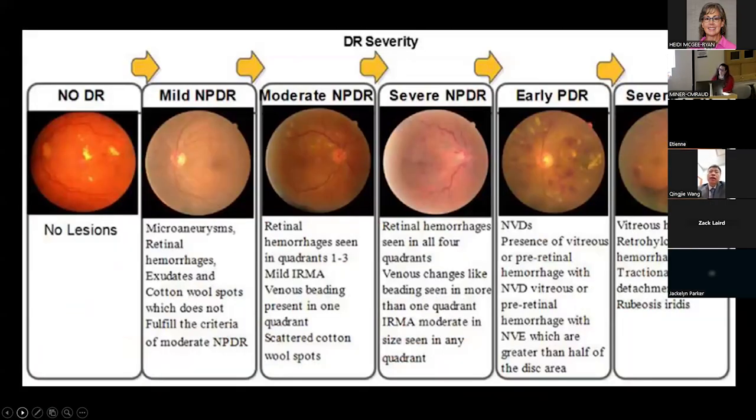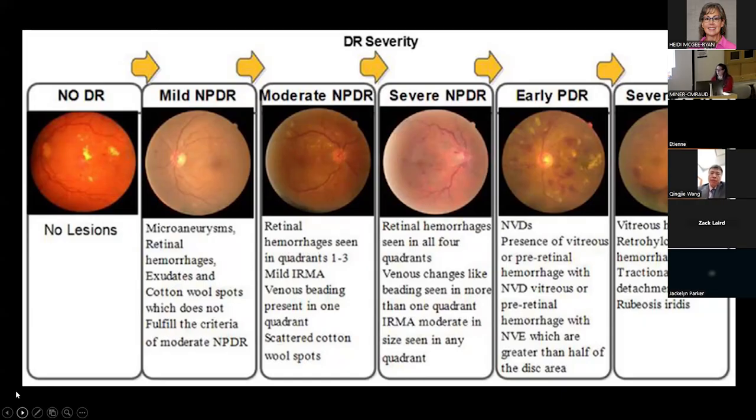Okay, so regarding the stages of diabetic retinopathy, though many studies have been done back 30, 40, 50 years ago, the current model stages from no sign of diabetic retinopathy to mild, moderate, and severe non-proliferative diabetic retinopathy.